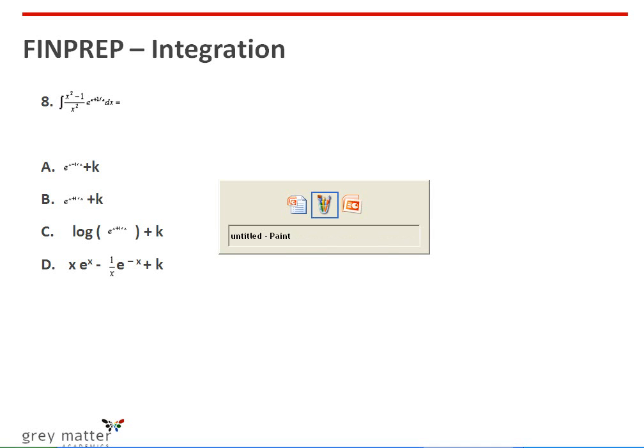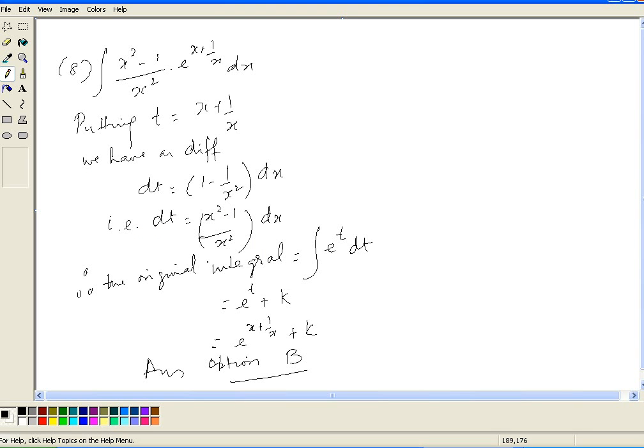Going to our worksheet, we put t equal to x plus 1 by x. On differentiating, dt will be equal to 1 minus 1 by x squared dx, or dt will be equal to x squared minus 1 by x squared into dx.